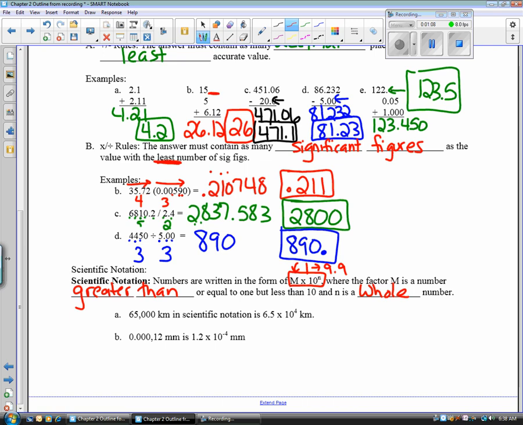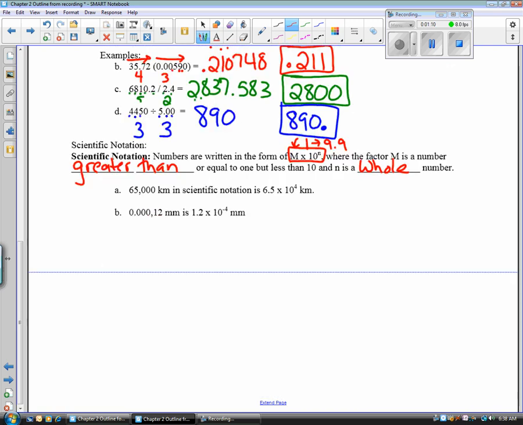So here we have 65,000, right? And what we want to do is take the decimal, which is way here at the back, and move it over 1, 2, 3, 4 spots. So we have a whole number, your first number, then your decimal. Okay, so that's why it's 6.5 times 10 to the 4th. The reason it's 4th is because that's how many times I moved it over. 1, 2, 3, 4.